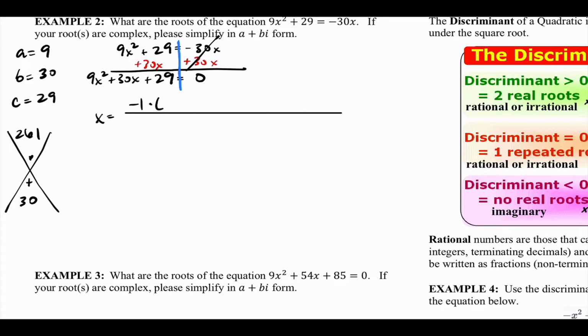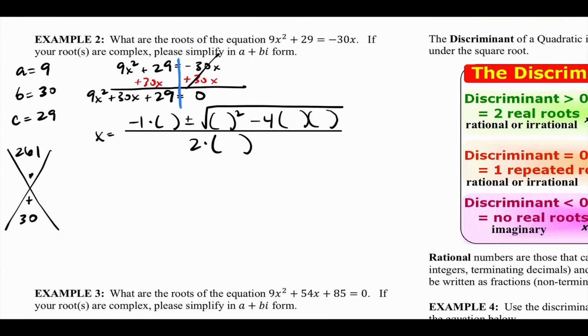Okay, so let me set it up. A goes here and here. B goes here and here. C goes here. Okay.